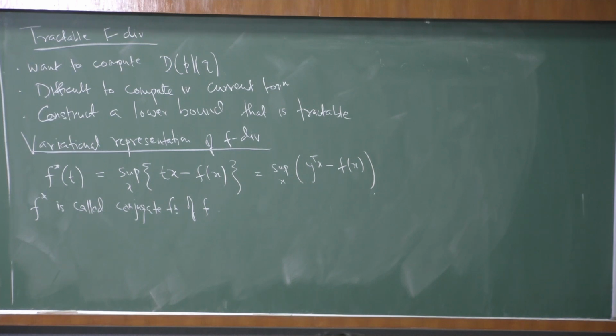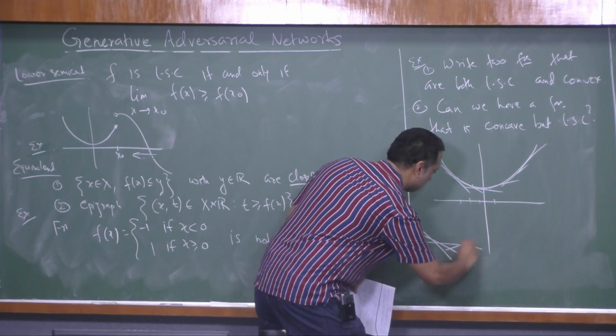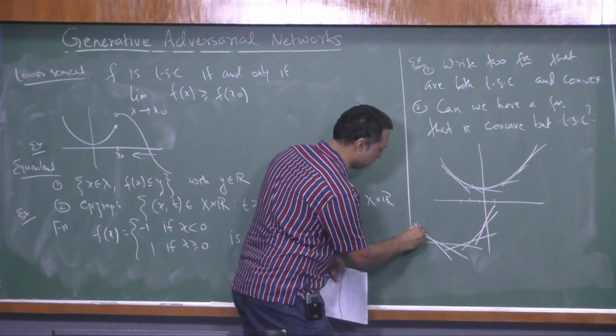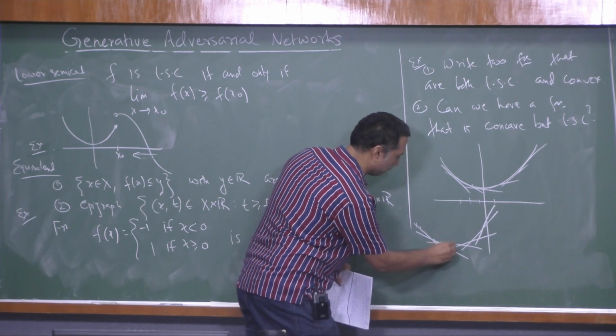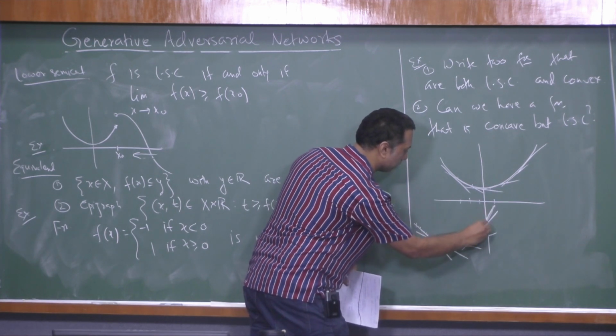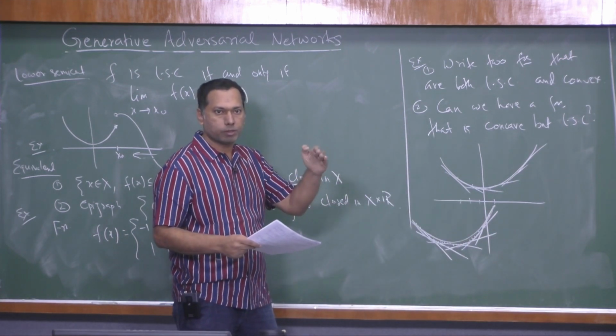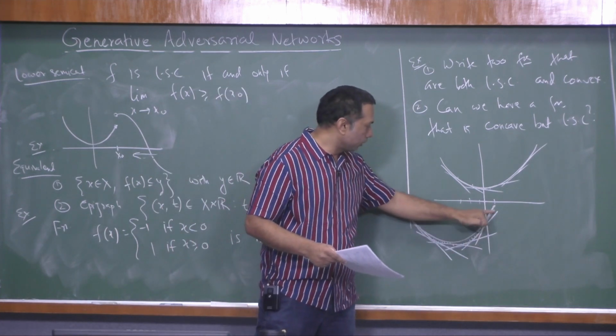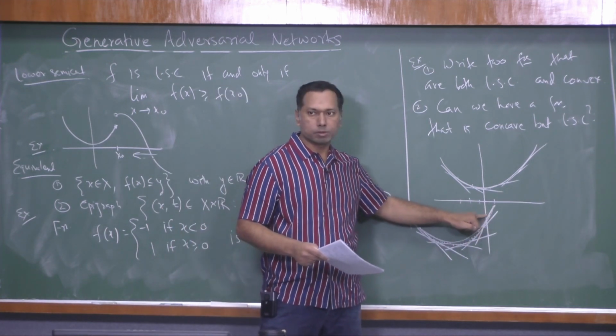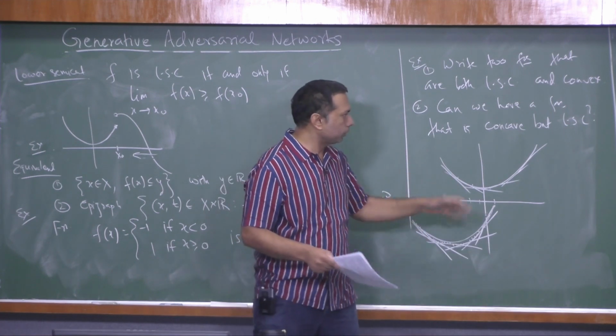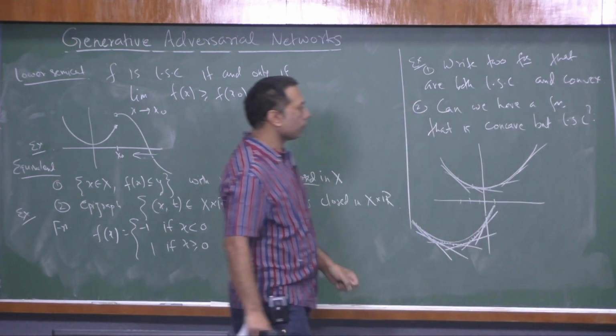If I construct these tangents to the function and take the maxima, it will be this curve. It picks this, then this, then this, an approximation of the original curve. If I have the set of tangents for a function and take the maxima, it approximates the function. If I do it really well, it is the function.